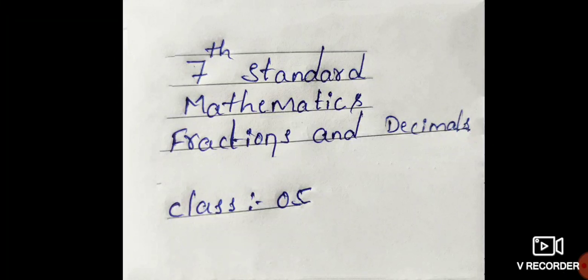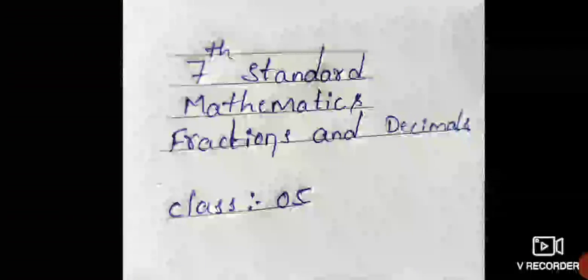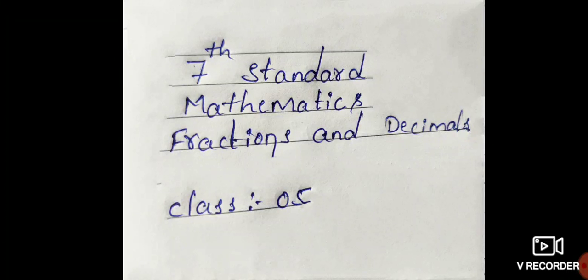So, dear students, in the chapter Fractions and Decimals, today we shall discuss the next exercise. The exercise number is 2.5. In that exercise, we are going to discuss decimals. In the previous one, we discussed addition, subtraction, multiplication, and division of fractions.